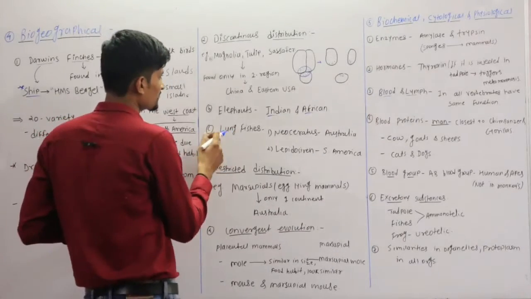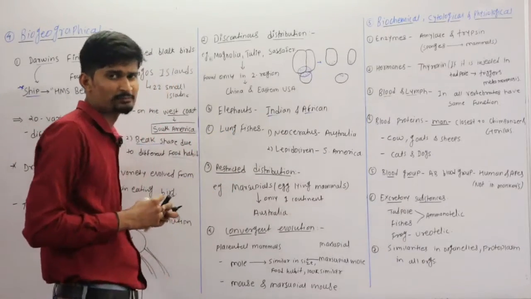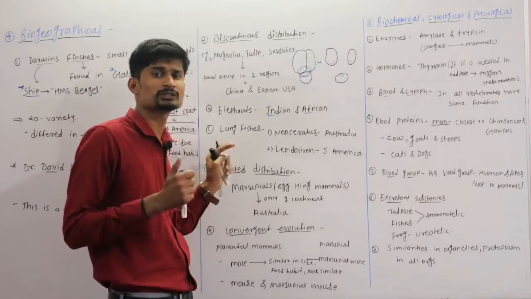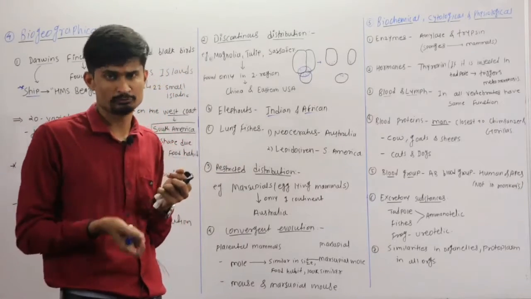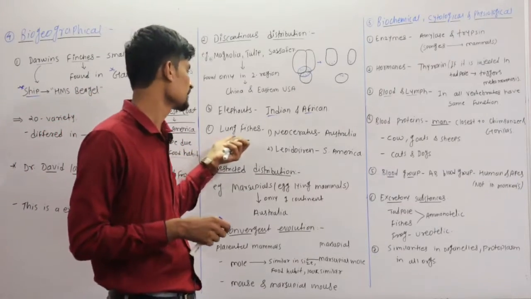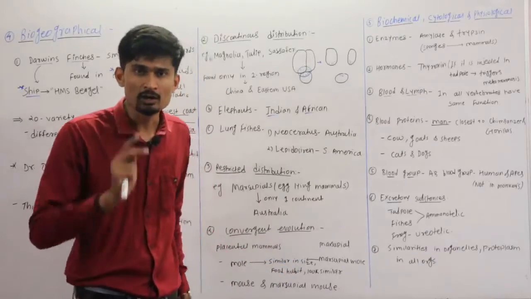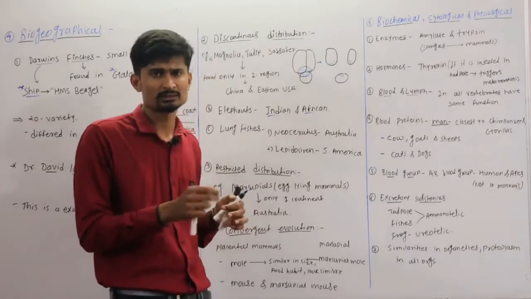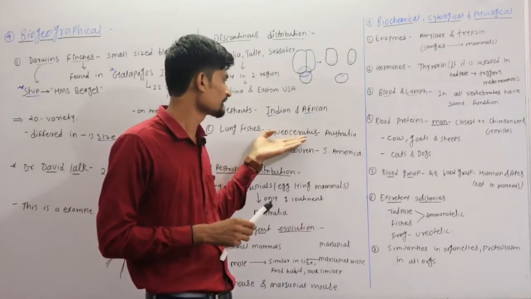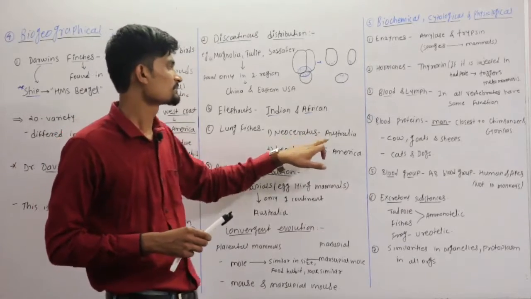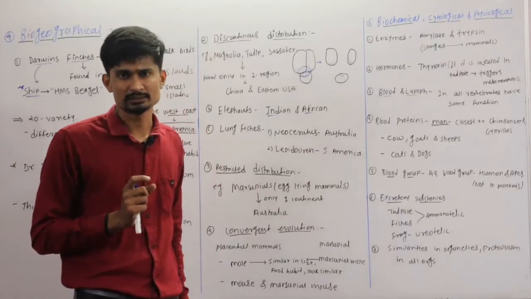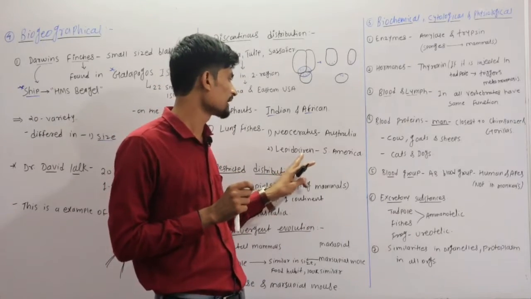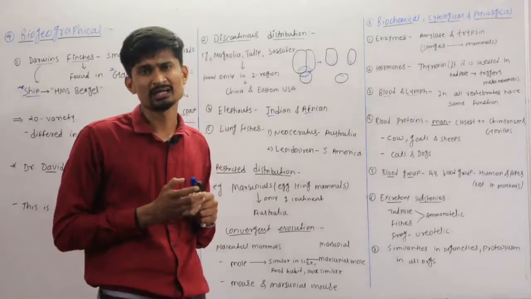Then the next one is lungfishes. These are evolved fishes which have lungs. Normally fishes do not have lungs, they have gills for respiration, but lungfishes have lungs, which is a characteristic of terrestrial organisms. These lungfishes are found only in particular regions. For example, the Neoceratodus lungfish is found only in the Australia region, and Lepidosiren is found only in the South America region.